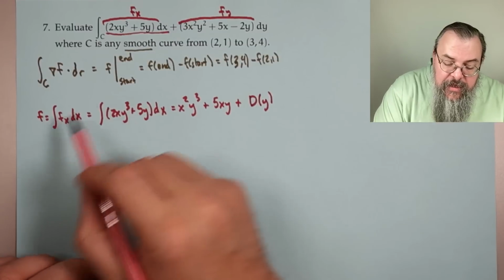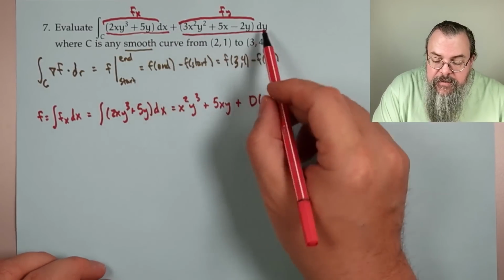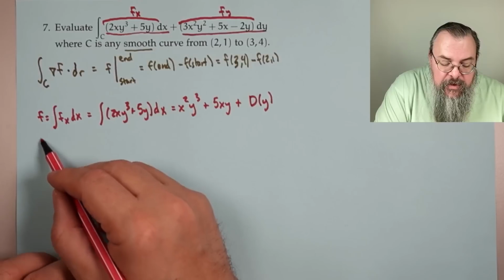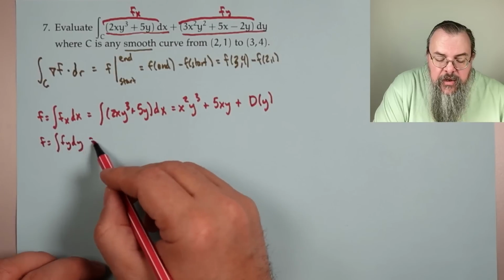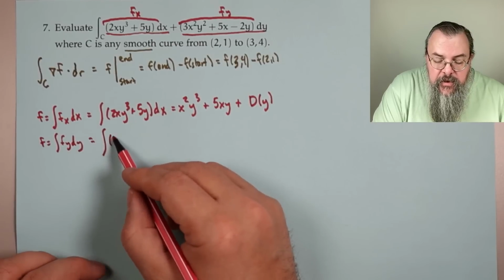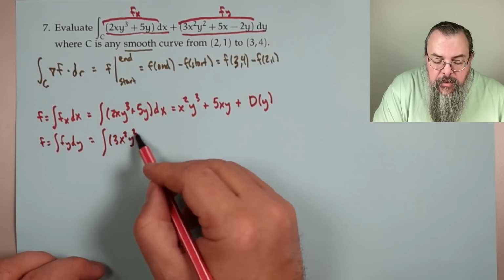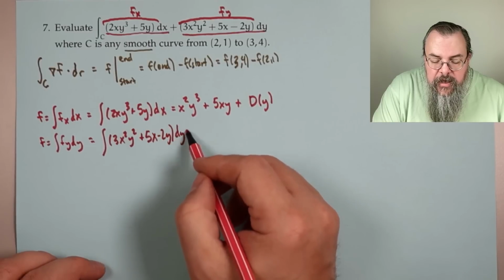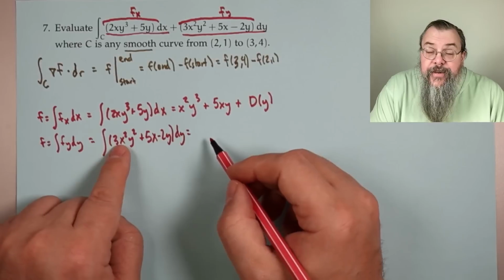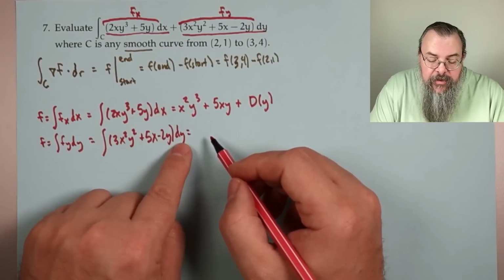Now we have to repeat it using the other piece of information. So again, I'm just going to copy that. So f is the integral of f sub y dy. All right, so that's our 3x squared y squared plus 5x minus 2y dy, which is, okay, start here. Y is our variable.